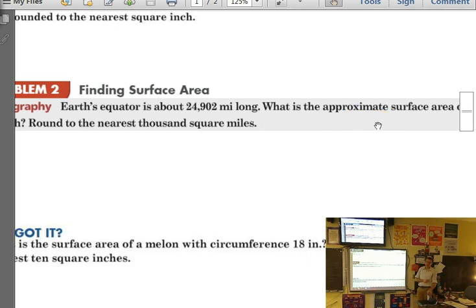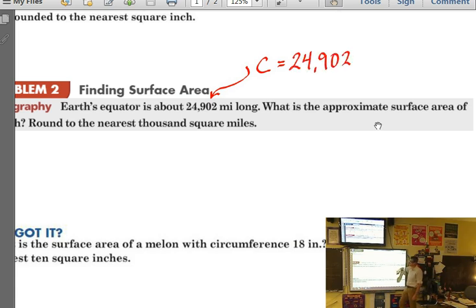But if we assume the Earth is a sphere, then what does knowing the equator's distance tell us? It's the diameter. Caleb? I was gonna say, the equator's distance, that's the thing around it, the circumference. So this is actually the circumference of what we're accepting as a sphere.